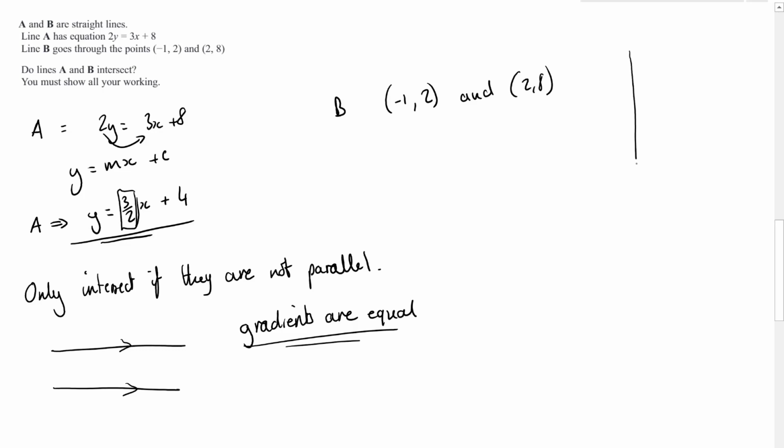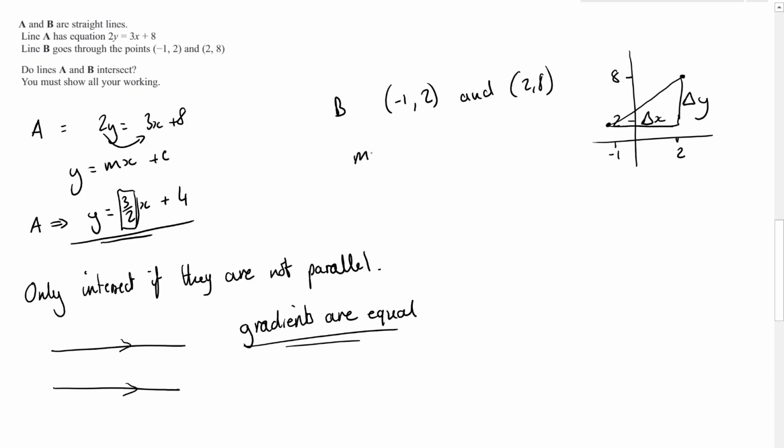Now you can think of these 2 points on a graph as you've got 2 and 8 up here, and you've got -1 and 2 maybe about here. Okay, and you want to find the difference between these 2 points. So what you could do is sketch out a graph like this and then work out what's your change in y and your change in x, and then divide the two.